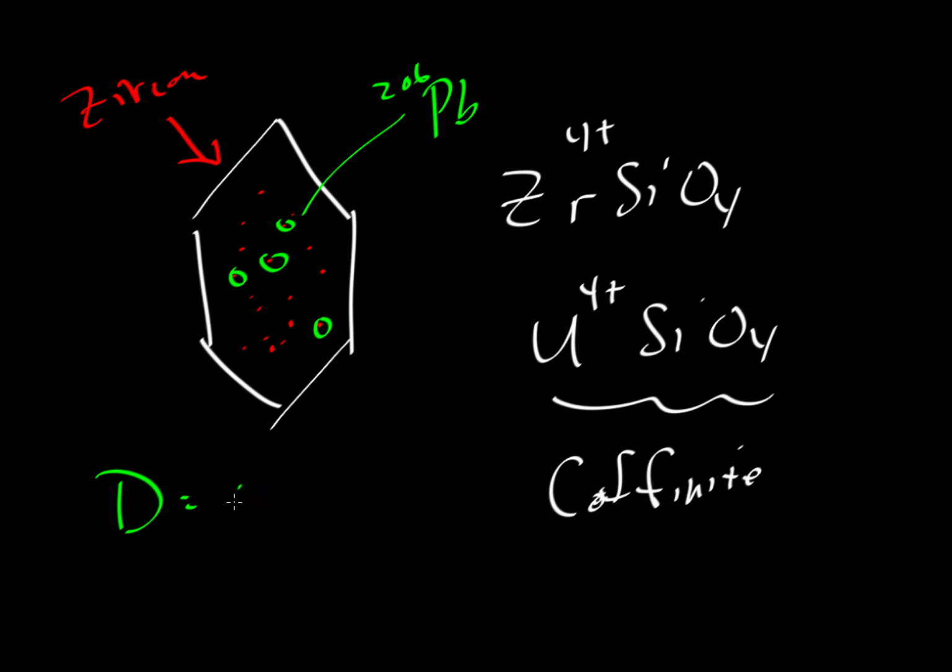The daughter product is equal to N naught times 1 minus e to the minus lambda t. We know the decay constant from experiment. We can get the N naught and the D by counting the total number of lead and uranium atoms that are here. So that means the only unknown would be the value for t, the time. So we could solve for time and figure out the age of this crystal.